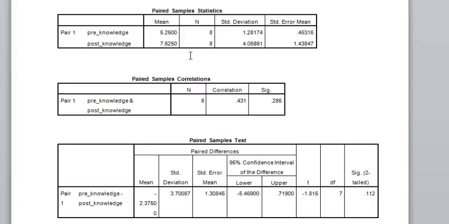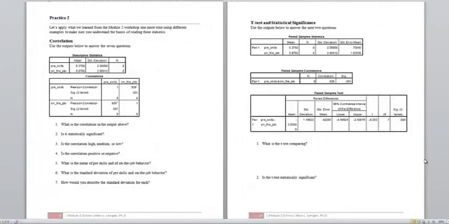It's a chance happening. It's not due to the training intervention. So this t-test confirms that our training workshop was not effective in changing the group scores from entering the workshop to exiting the workshop.